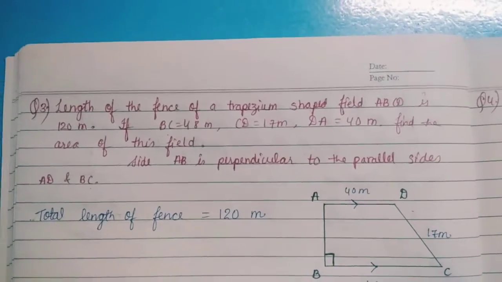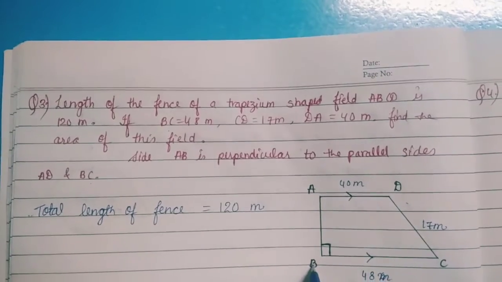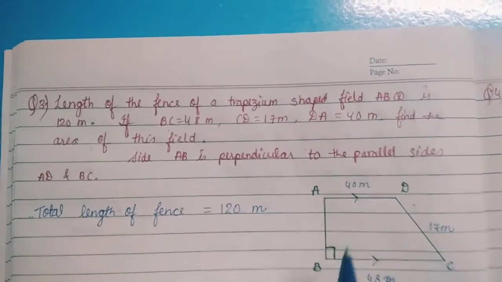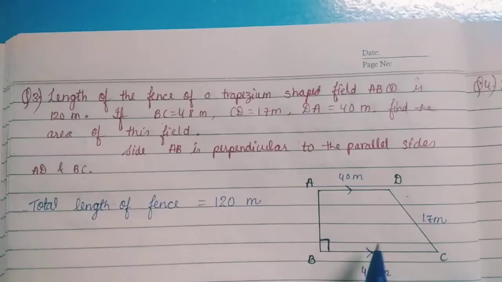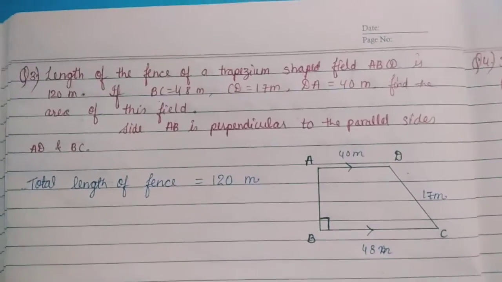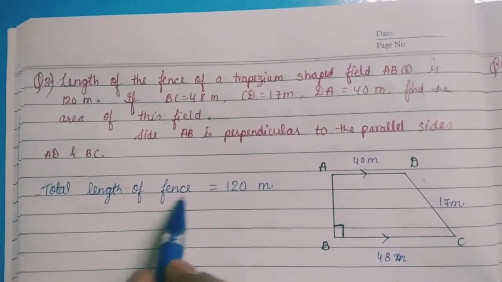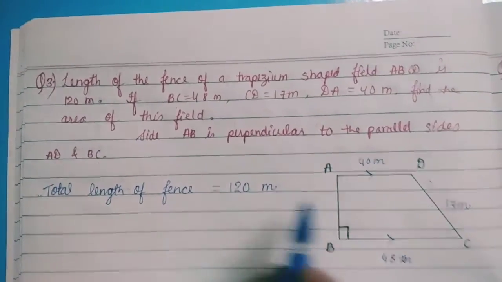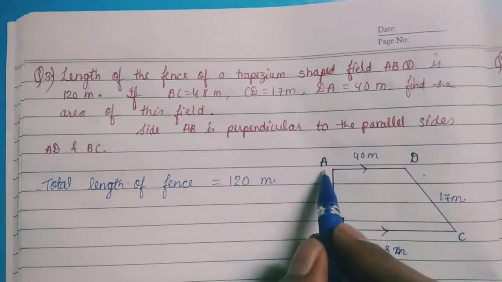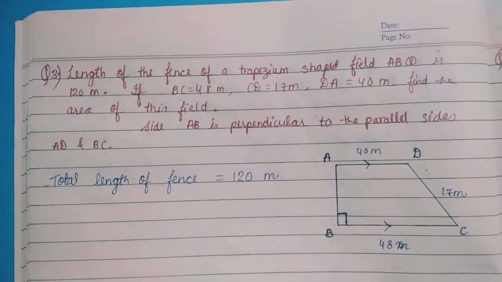Now if we know the value of AB, then AB will become the height of the trapezium, because in this figure we have one set of parallel lines. They have given us in the question the total length of fence. Out of this total length of fence we can easily calculate AB, which will become the height of the figure.